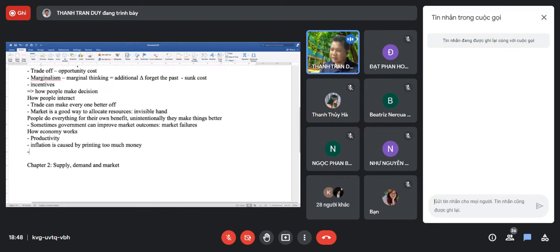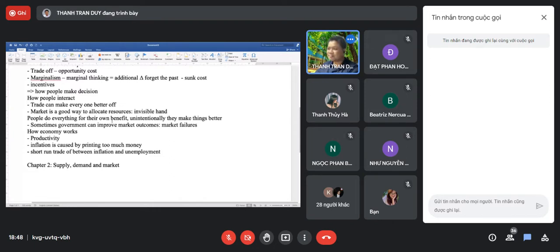And the last one is the short-run trade-off between inflation and unemployment. So those are the 10 principles in chapter number 1. So the question can ask you something about those things, right?